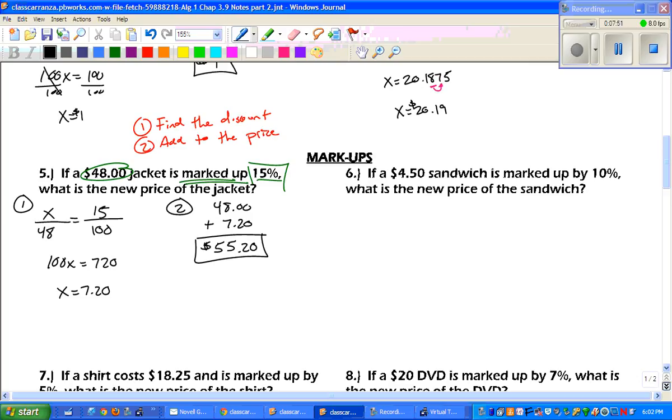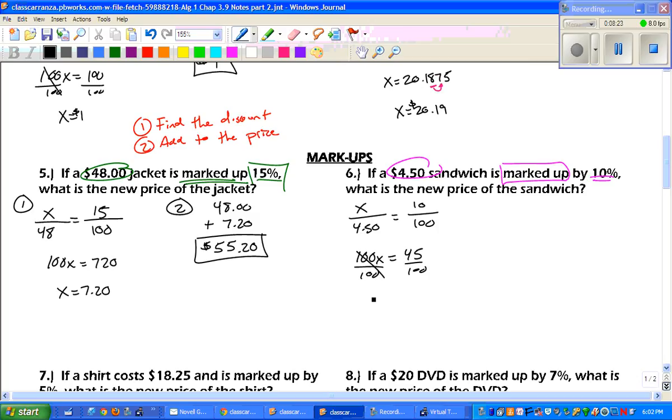Let's do another one. If a $4.50 sandwich is marked up by 10%, key thing right here, marked up, what's the new price of the sandwich? So x over 450 equals 10 over 100. Cross multiply, 100x equals 45.